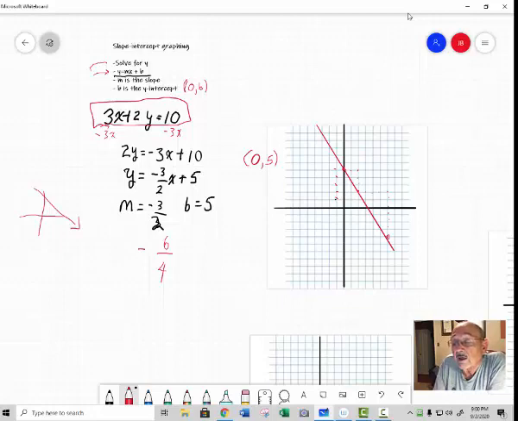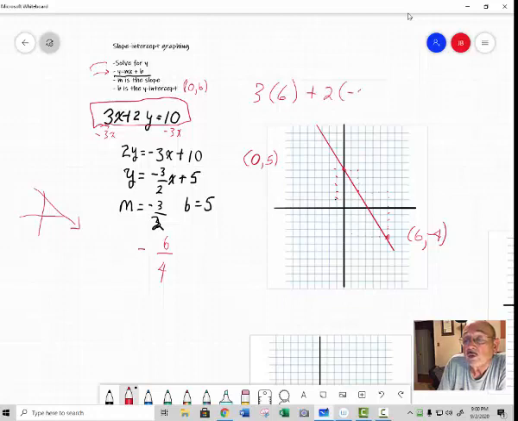Now that point should be 6, 1, 2, 3, 4, negative 4. That point's on my line. Let's try it out and see. Does 3 times 6 plus 2 times negative 4 equal 10?